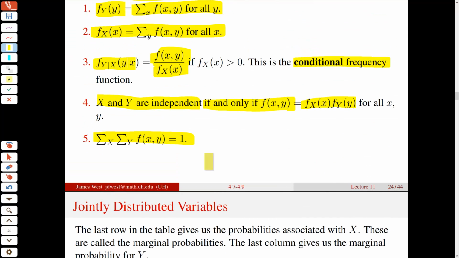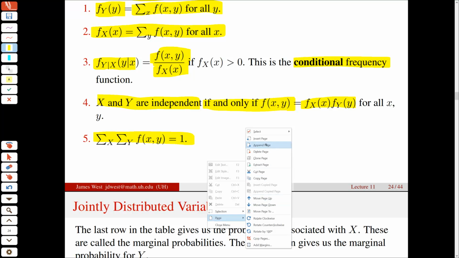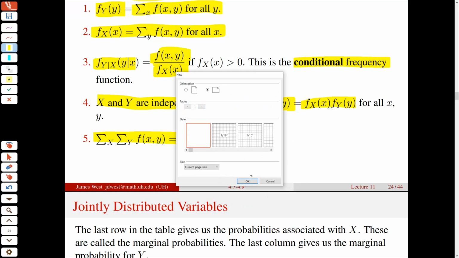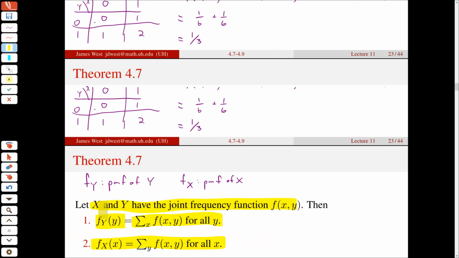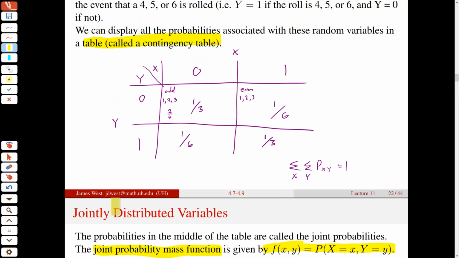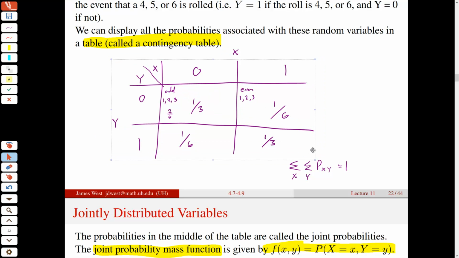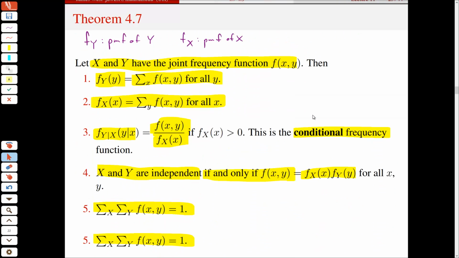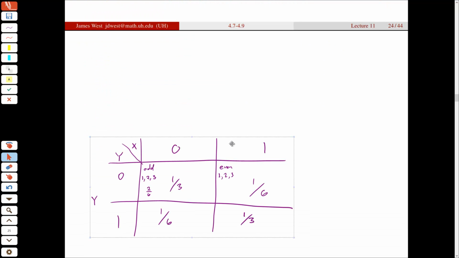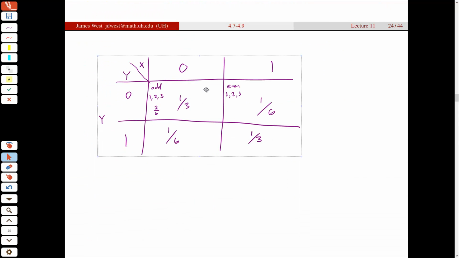So let's look back at our table of probabilities for a second. What I'm going to do is put totals at the end of each row and column.